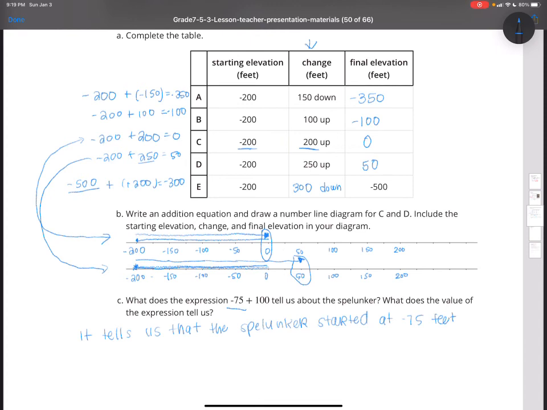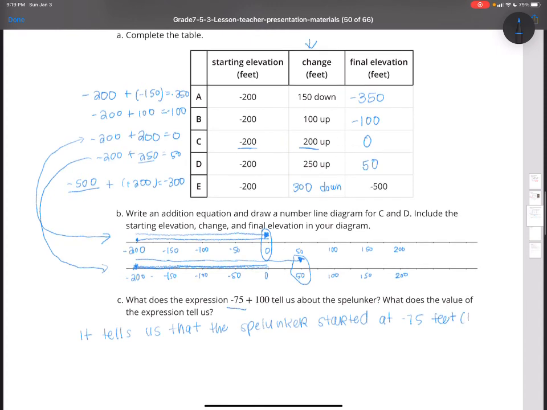Or you could put 75 feet below. Put that in parentheses. And then climbed 100 feet up.